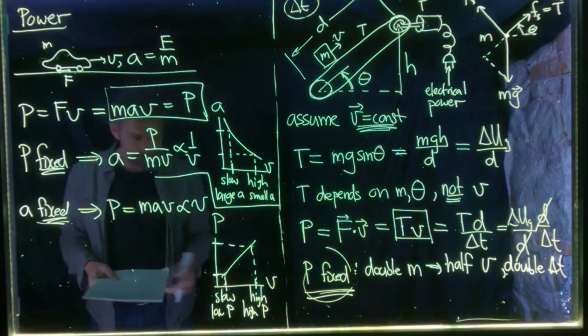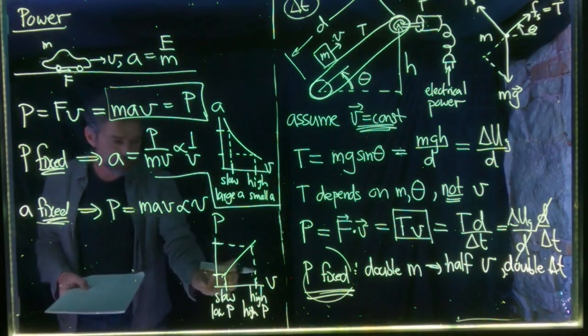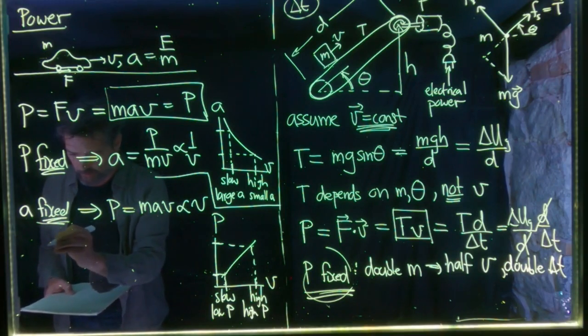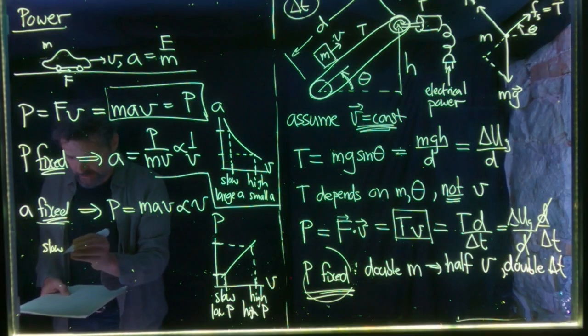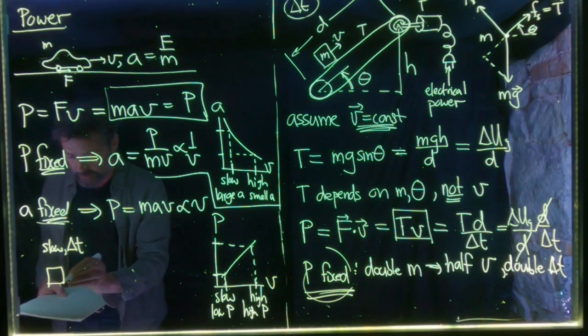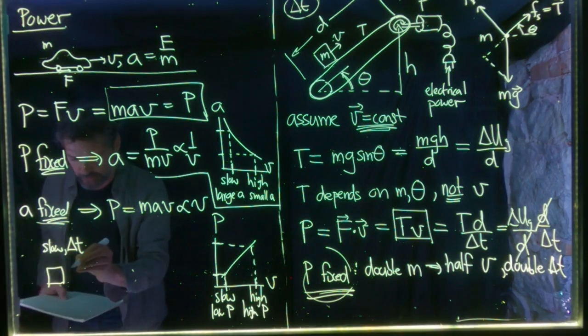So let's try to understand a little bit why that's actually happening. We're going to look at slow versus high speed. I just want you to sort of feel this intuitively. So suppose we're moving at slow speed. That means that during a time delta t, your car is going to move from, say, this location, and because it's moving slowly, during some time it'll move only a little ways.